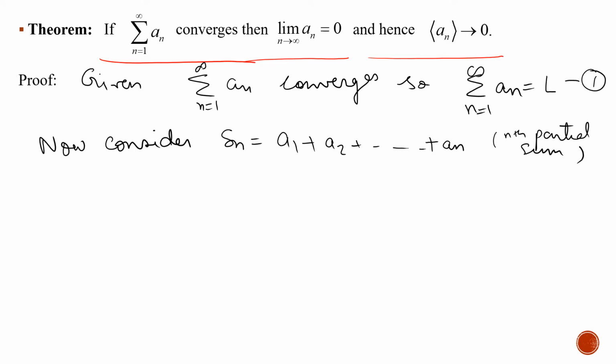And consider Sn minus 1, that is, you will add one term less than Sn. So this will be equal to this. Now if you subtract both of these, that is the nth partial sum and the n minus 1th partial sum, you will get an.